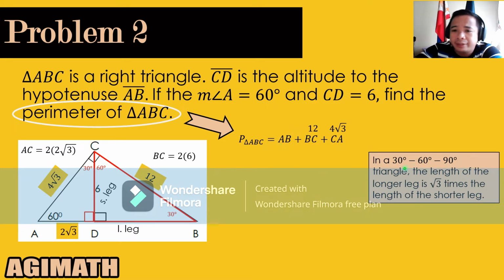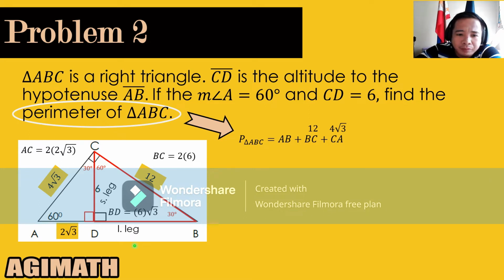Apply the theorem again. The length of the longer leg is square root of 3 times the length of the shorter leg, meaning the length of DB or BD is equal to 6 square root of 3, the length of the shorter leg times the square root of 3.